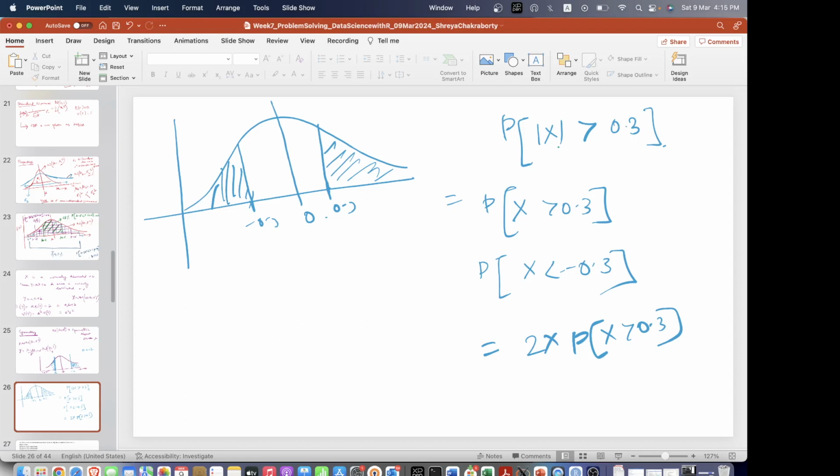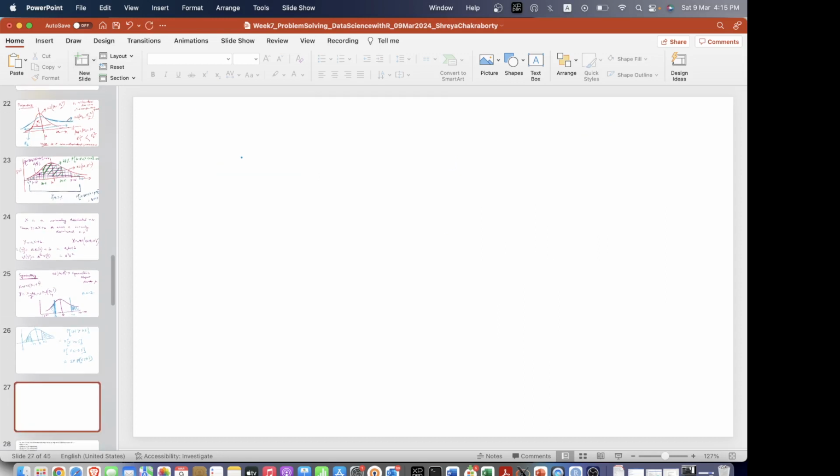So how is this actually used in questions? That thing we'll discuss a little later, but if you have been given a problem like this, x follows normal mu sigma square, and you have been told to find probability a less than equal to x less than equal to b, let's say.